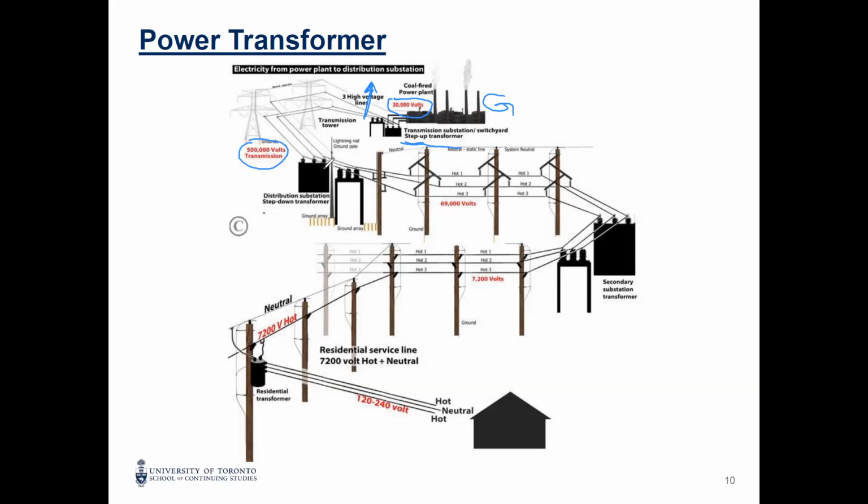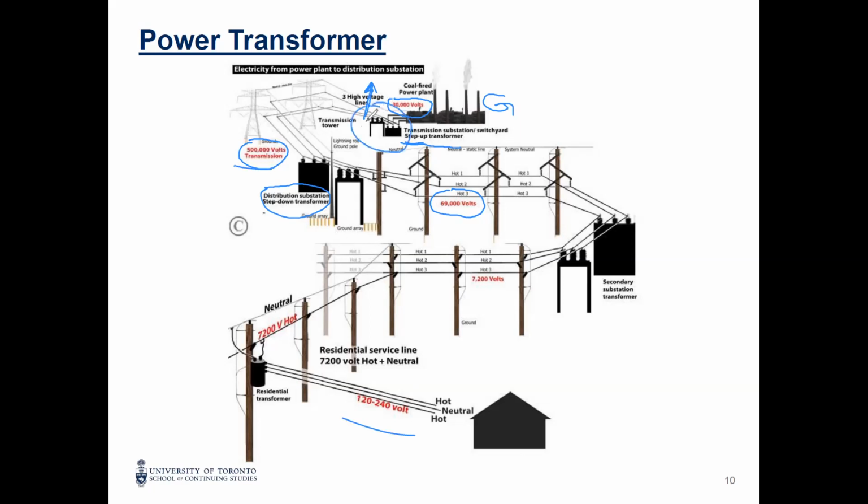Then you reach close to the load system, like your distribution system. So you have something called a distribution substation, and you go to lower voltage, like 69 kilovolt. Then you have another transformer because you want to decrease it in levels, right? You cannot go from 500 to 100 directly, but you do it in levels.